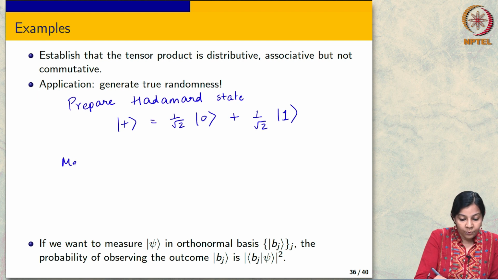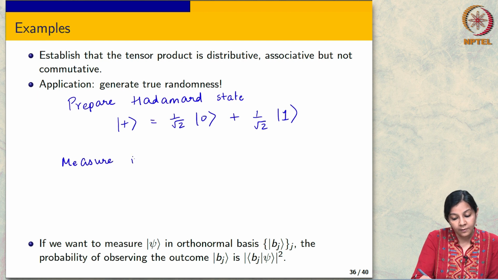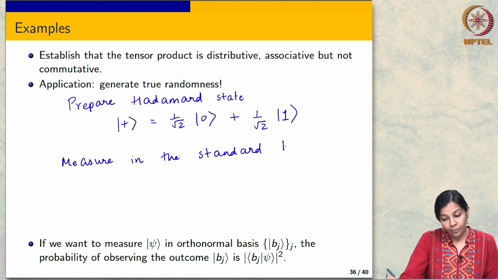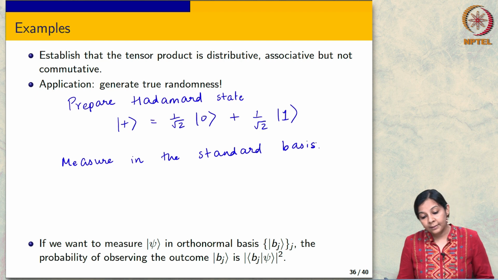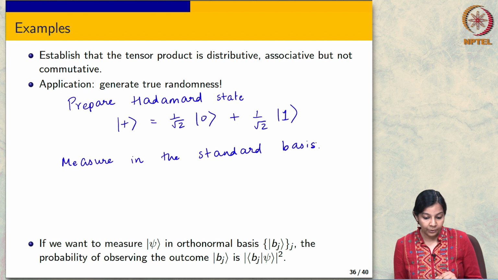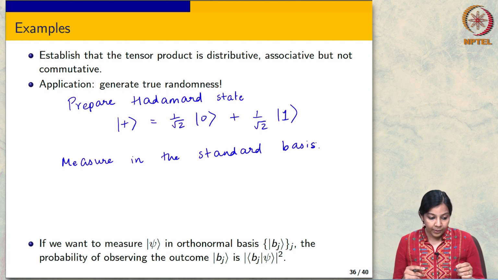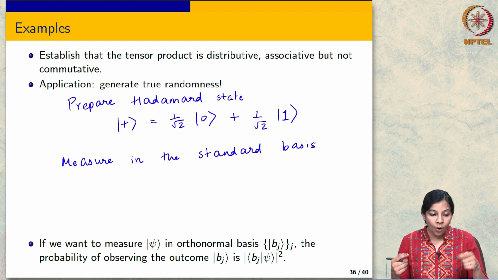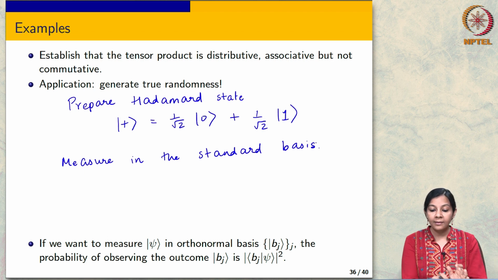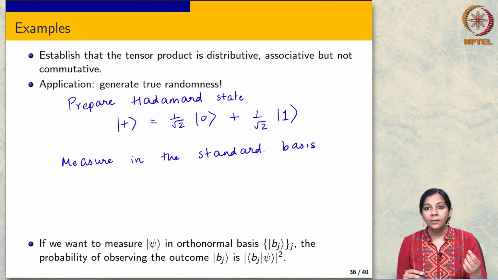And now what I am going to do is measure this state in the standard basis. This is something that I didn't as yet tell you about. I've been assuming that you always perform the measurement in the standard basis, but that is not true. I could perform the measurement in different bases. For instance, if I measure this same state in the Hadamard basis, then with probability 1 I will get the plus state.